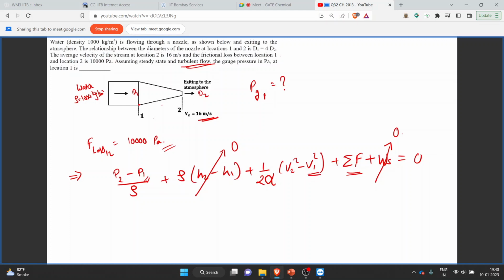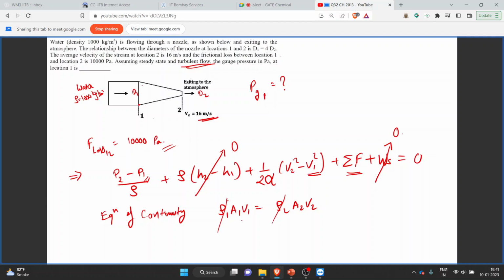So we can find the velocity V1 by using the equation of continuity. From the equation of continuity, we can write that rho1 A1 V1 is equal to rho2 A2 V2. The density of the fluid will remain the same since it is an incompressible fluid, so we can cancel this term.